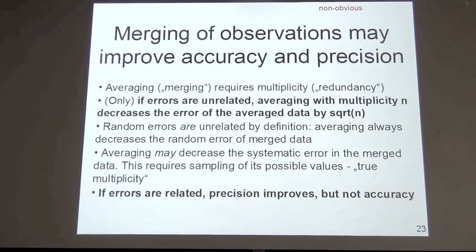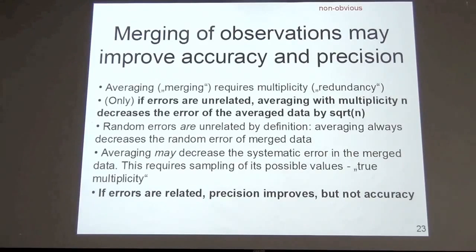So we would like to sample all possible values of the systematic error in a random way, for example. That is what we call true multiplicity. And it requires really to collect more than just the unique part of reciprocal space of your crystal. Yeah? It really requires you to go more than those 90 degrees for orthogonal crystals, for example.